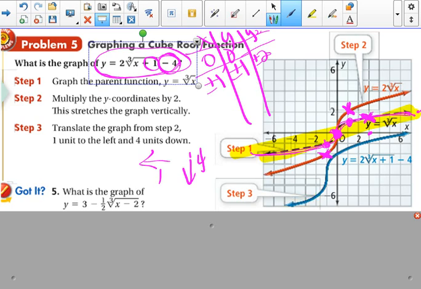So if we take 1.5 times 2, that gives us 3. So let's graph that. Positive 3 gives us positive 3. So there's there and there. And a negative 3 gives us a negative 3. So over here and down here. Okay? And you could go grab other points and do this, but that's enough for now.